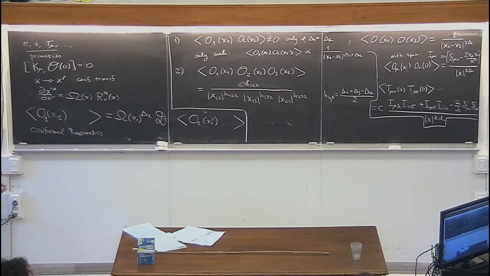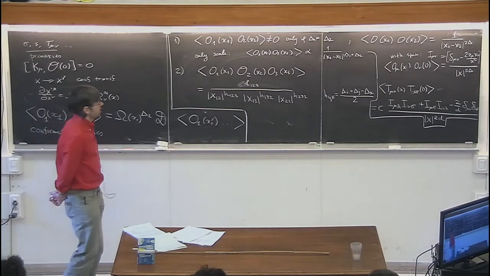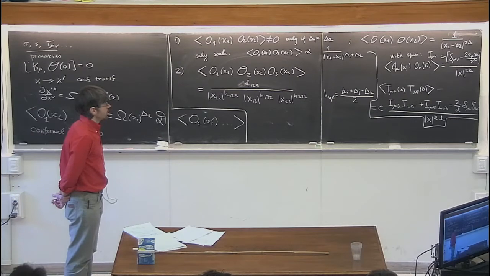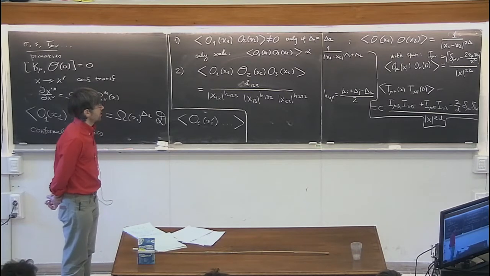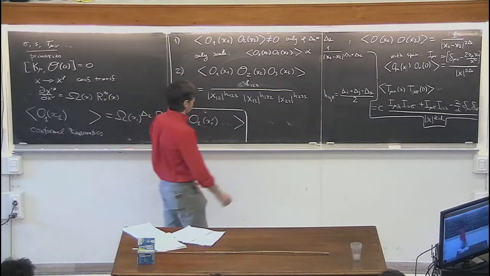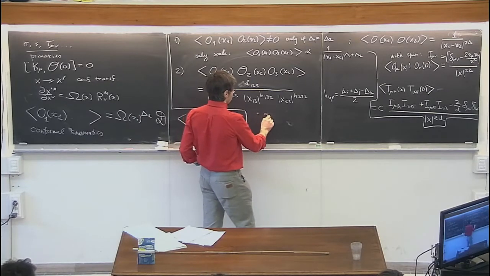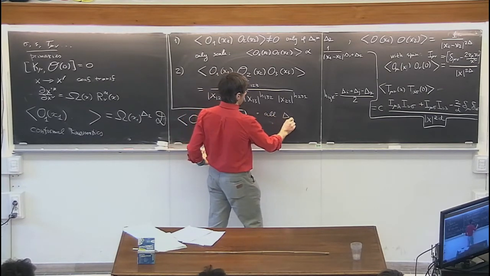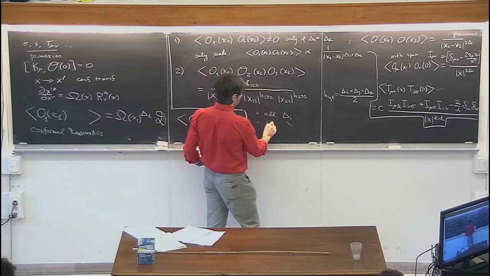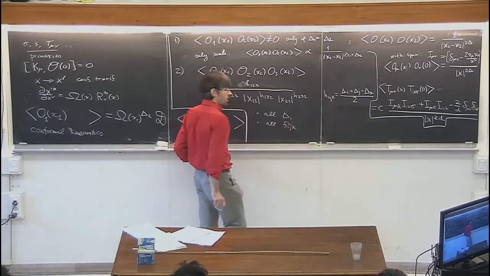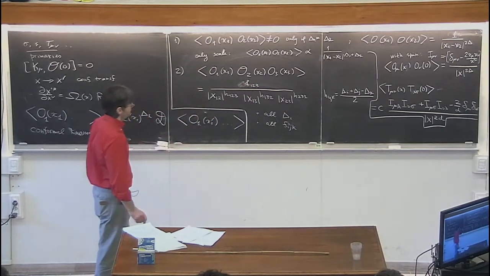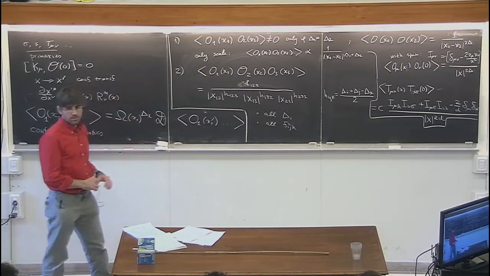And in fact, jumping a bit ahead, it will turn out that if you know in the conformal field theory the dimensions of all operators, so if you know all scaling dimensions, all delta i, and if you know all these coupling constants f ijk, then you can compute everything else.